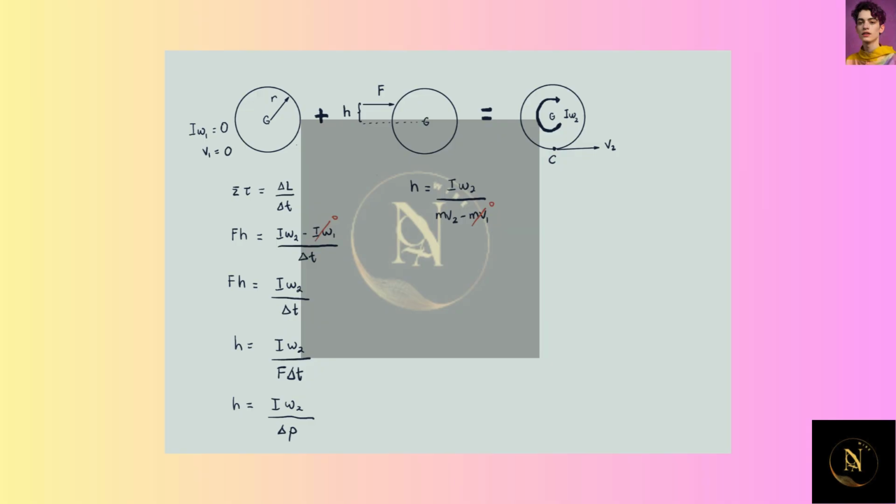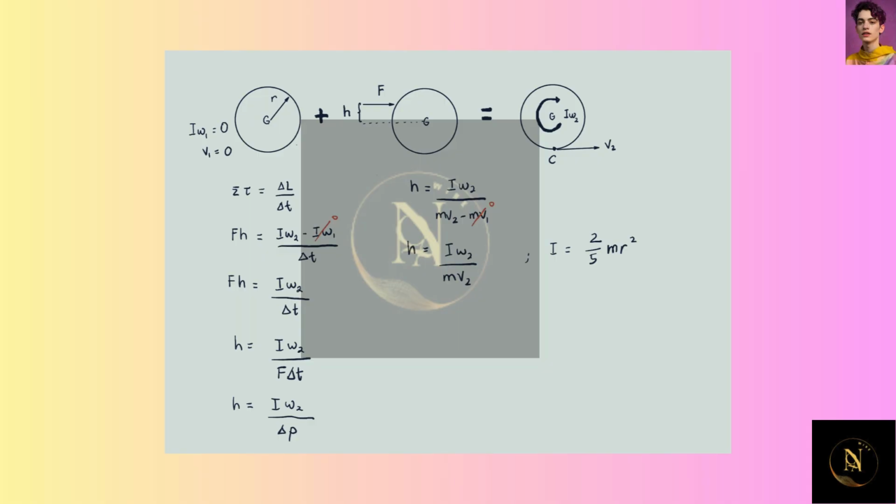So our equation for h would be h equals I omega 2 over m v2. I here is the moment of inertia, and since the billiard ball is a solid sphere, its moment of inertia is equal to 2 over 5 mass times the square of the radius.